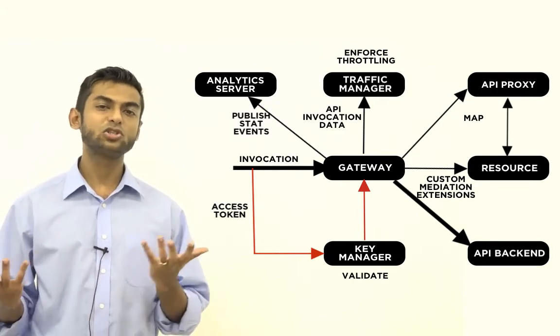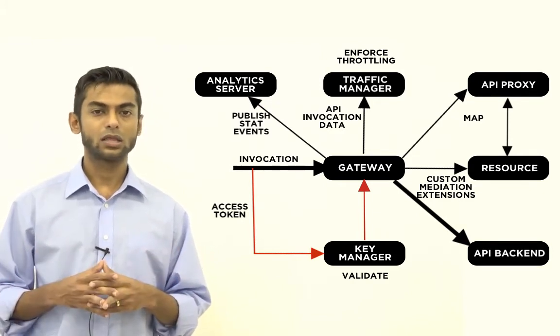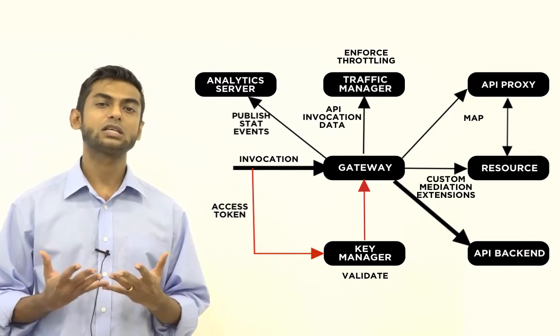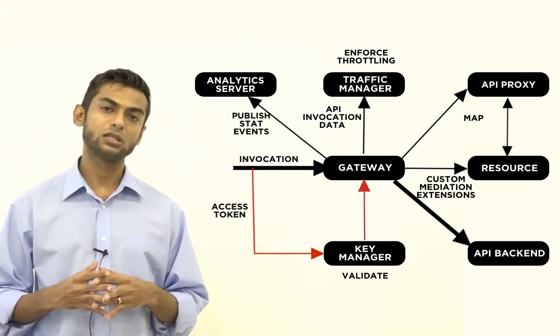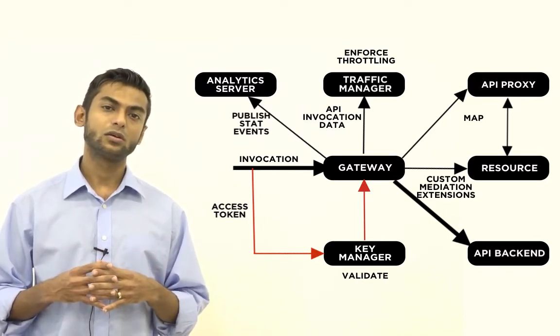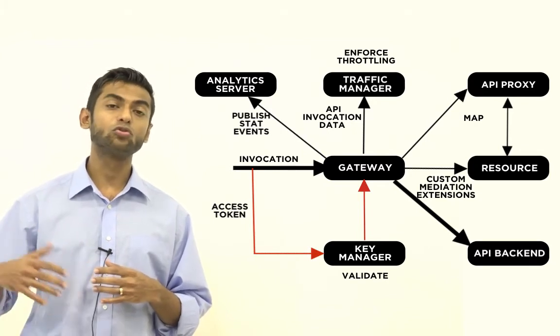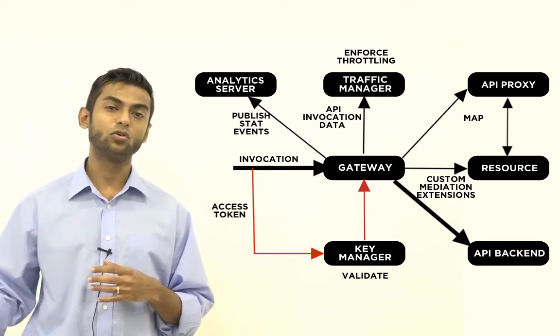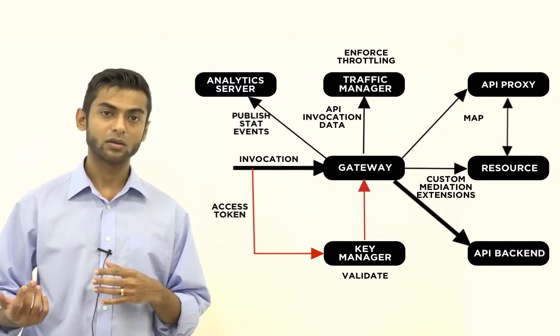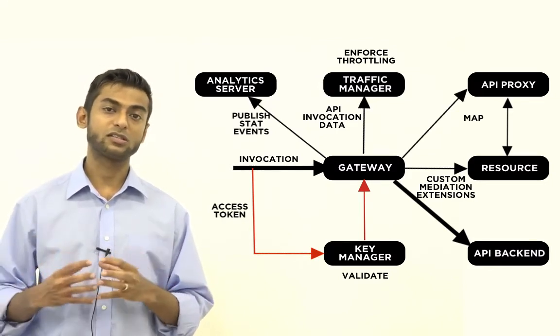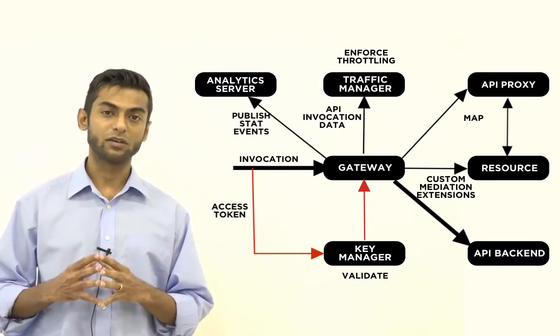If we compare these two methods, using the gateway cache is more performant because it prevents the need for having to go to the key manager node, which is a separate network hop, if the product is set up in a distributed configuration.